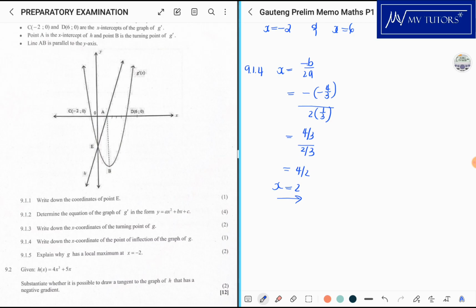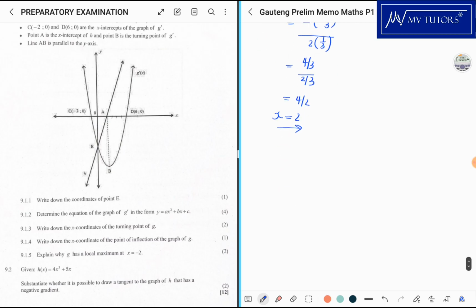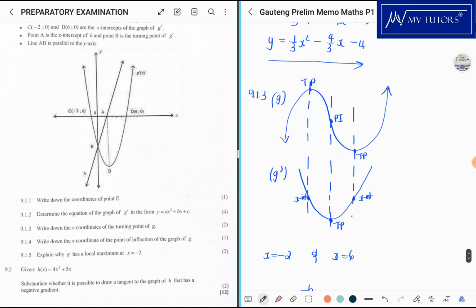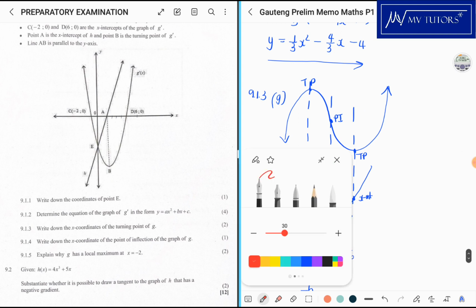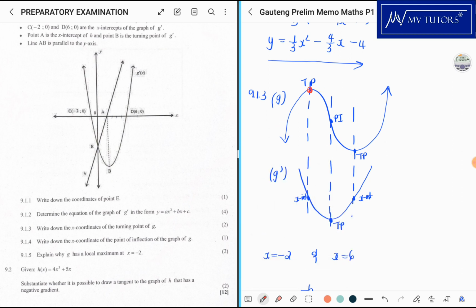And then 9.1.5. Explain why g has a local maximum at x is equal to negative 2. You can see here we have our local maximum where x is equal to negative 2, and we have our local minimum at x is equal to 6.